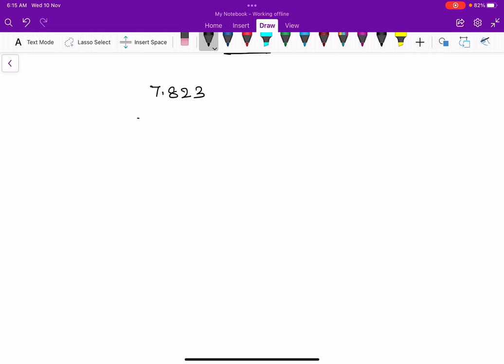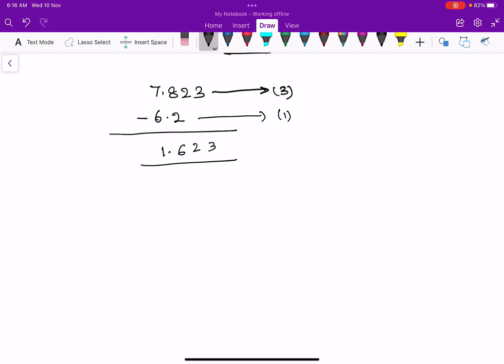Simple logic: 7.823 minus 6.2. How do we write this? The result is 1.623, but the digits after the decimal point are 1 and 3. So what is the least?